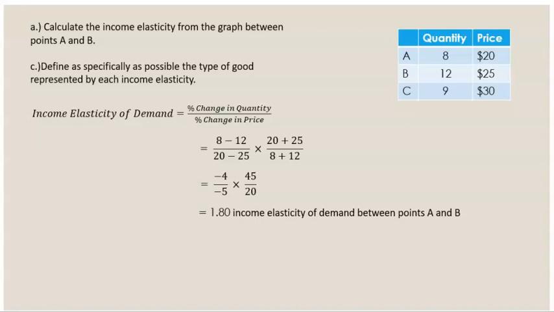Mathematically, you work your answer, and you should be able to come up with 1.80 as the income elasticity of demand between points A and B.